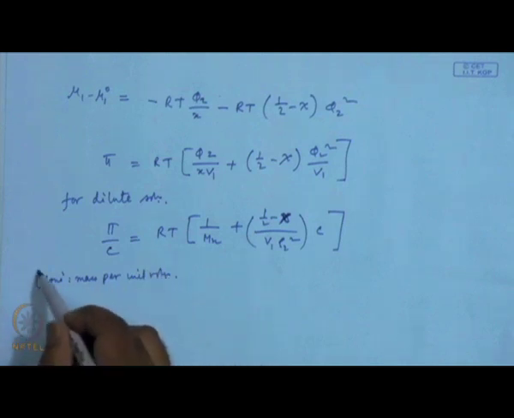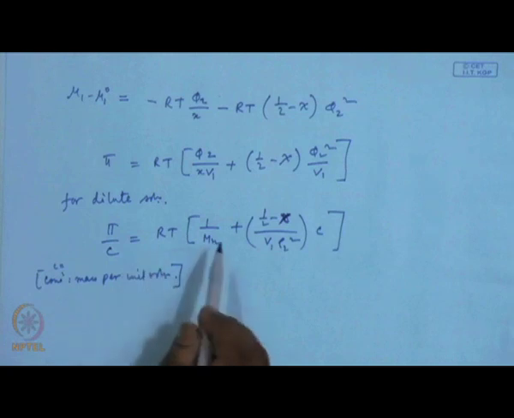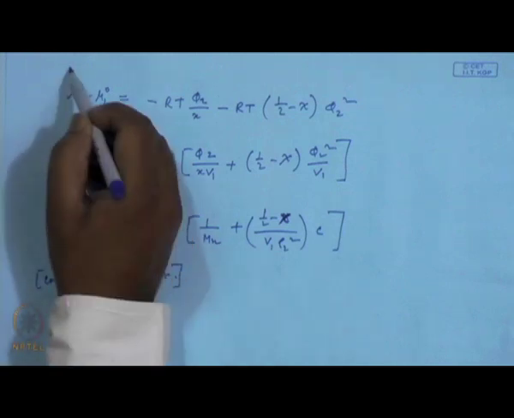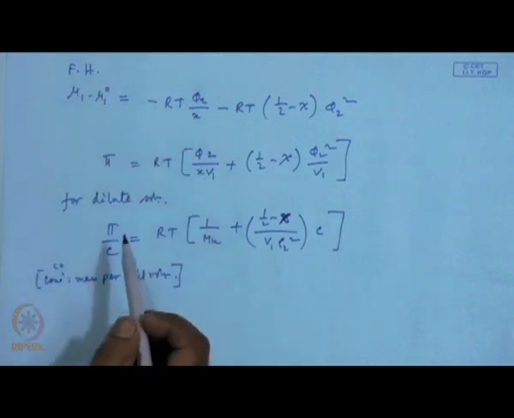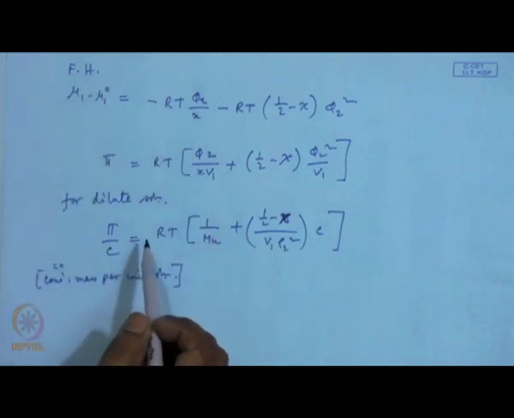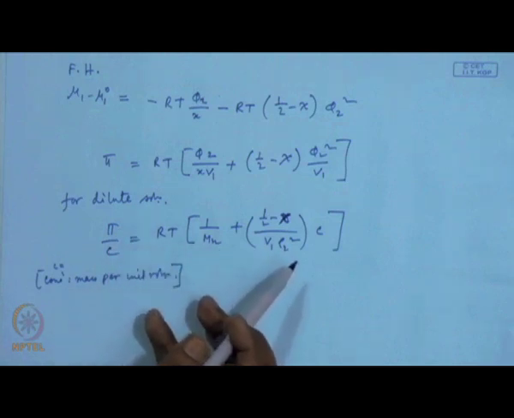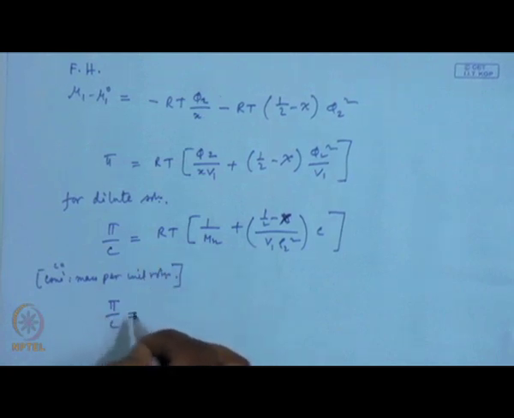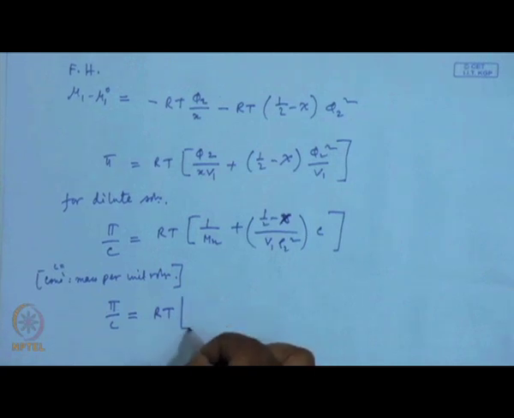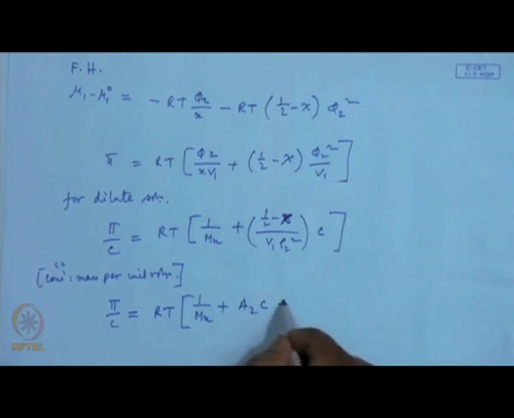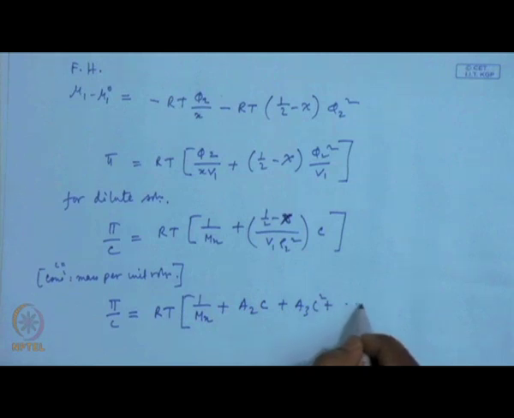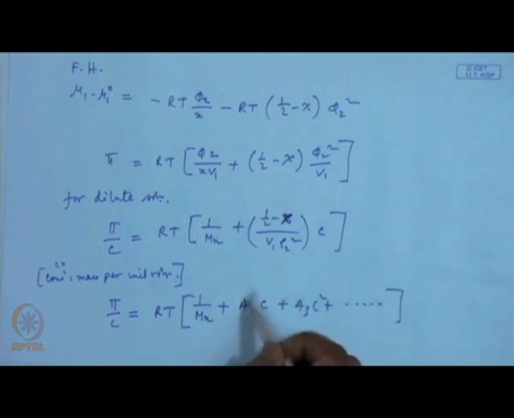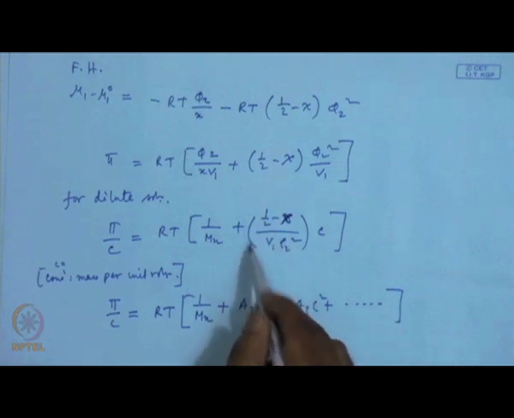Now, as you know, this expression is from Flory-Huggins theory, and Flory-Huggins theory is not applicable for dilute solutions. Instead of this, like in earlier cases, we can write this expression as a virial expression: A2 C plus A3 C square, where A2 is nothing but this term.